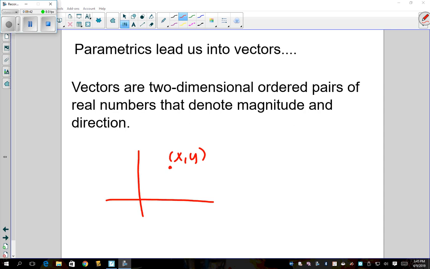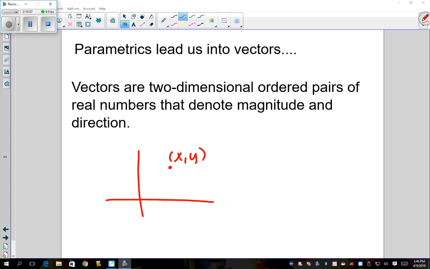So now, using our parametric equations, we're going to discuss really quickly the idea of vectors. Vectors are basically ordered pairs of real numbers, and they help us define magnitude and direction. So in our normal coordinate plane, we have a point x comma y, and it's just sitting there.